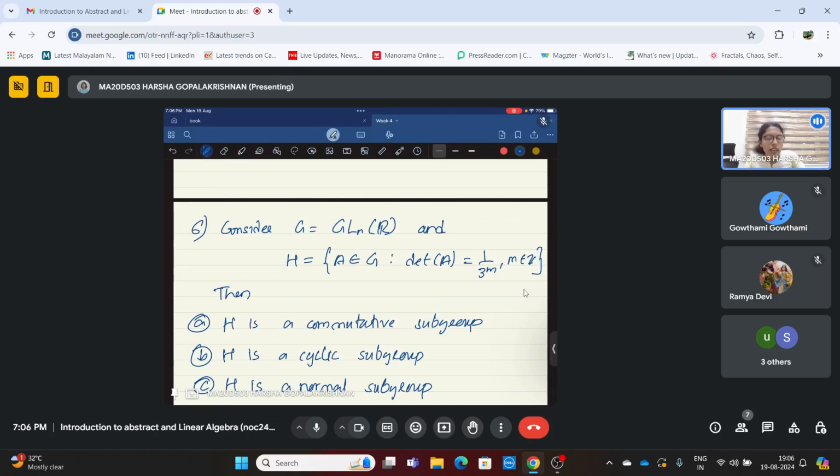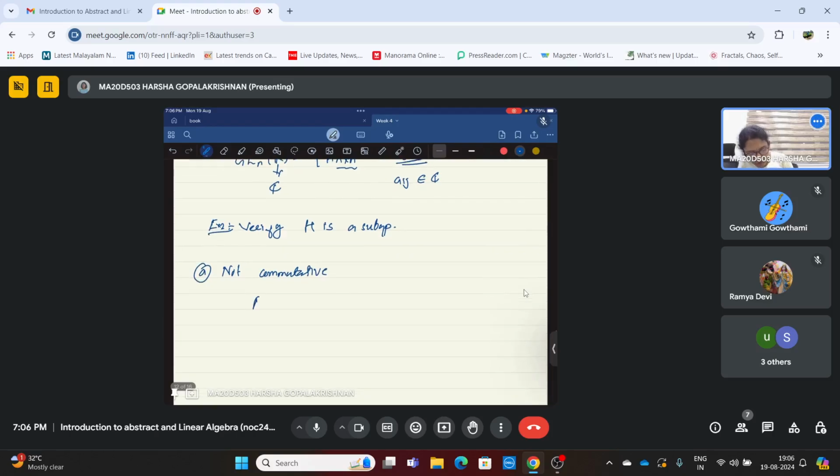So obviously, under multiplication, the set of all matrices is usually not commutative. Now we have H only. We should choose two elements with determinant of A equal to 1/3^m, and we should be able to prove that AB and BA are not equal. Okay, let me give two such elements.